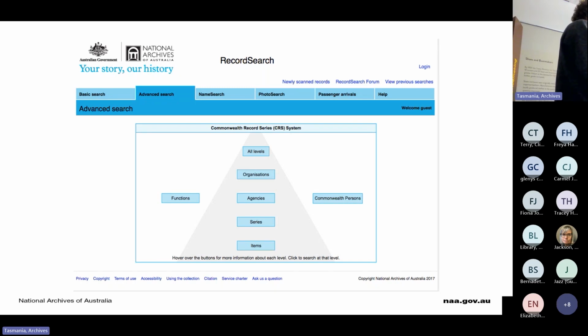No one expects you to fully understand this, as it can be complicated if unfamiliar. We only hope you get the general gist of our Commonwealth Record Series system. To help explain further, let's focus on an area which you obviously have a keen interest in, given you are all here today.